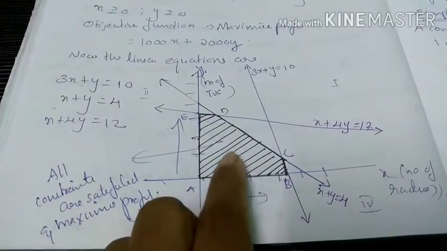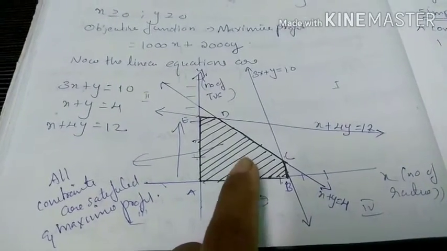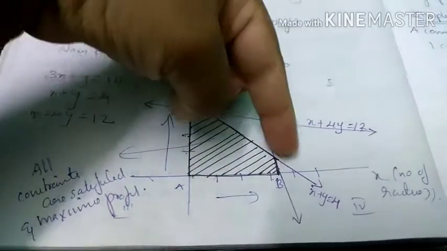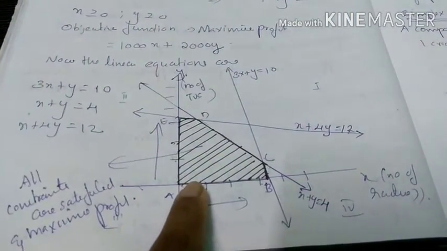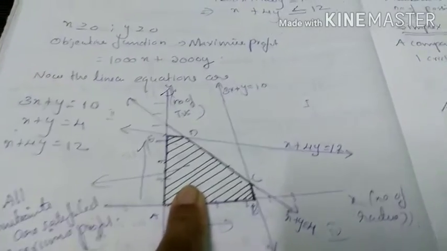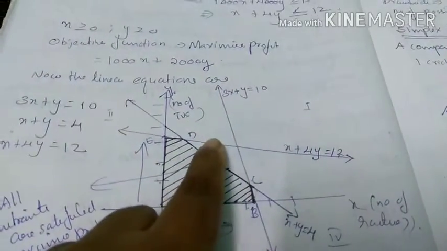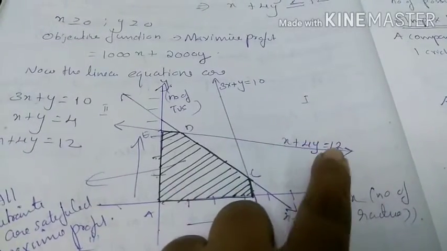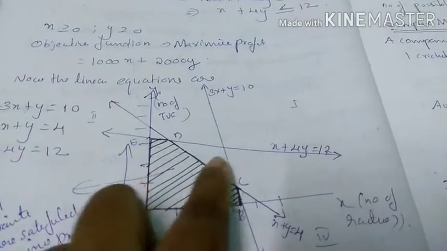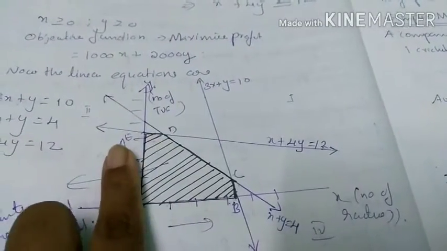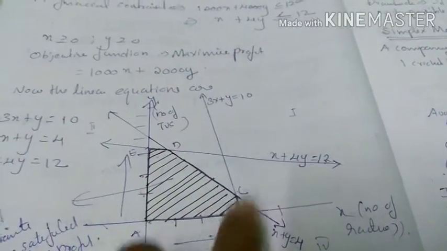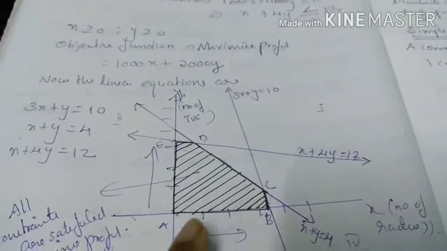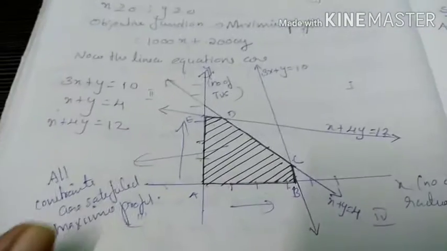So any point in this region maximizes profit, and the region is selected as x plus y less than or equal to 4, meaning the area below the line x plus y equal to 4, and x plus 4y equal to 12, the area below x plus 4y equal to 12, satisfies this equation. 3x plus y equal to 10, the area below 3x plus y satisfies this equation, and as a whole only this area, that is the pentagon A, B, C, D, E, represents the area which satisfies all equations or constraints.